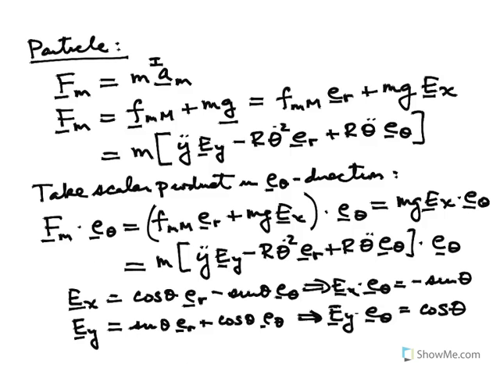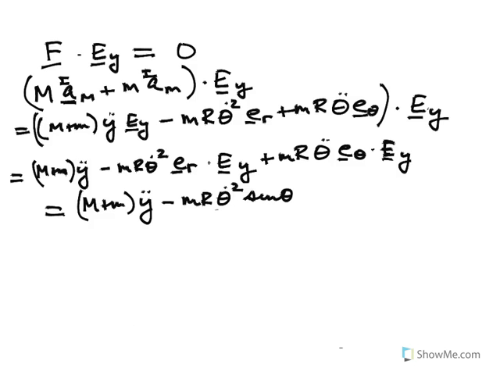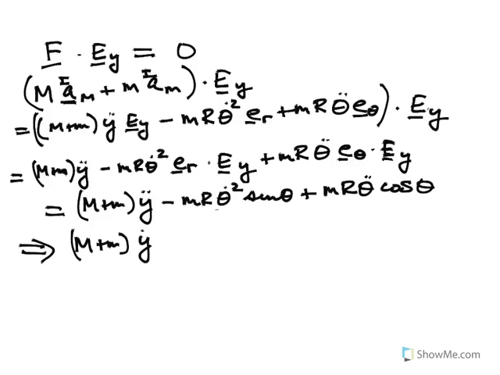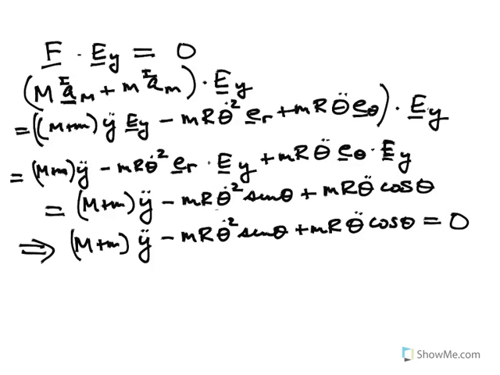So EY again has a cosine theta component in the E theta direction, so I get plus mr theta double dot cosine of theta. So that gives us the second differential equation, and that says that because it has to equal 0, M plus m times Y double dot minus mr theta dot squared sine theta plus mr theta double dot cosine theta equals 0.